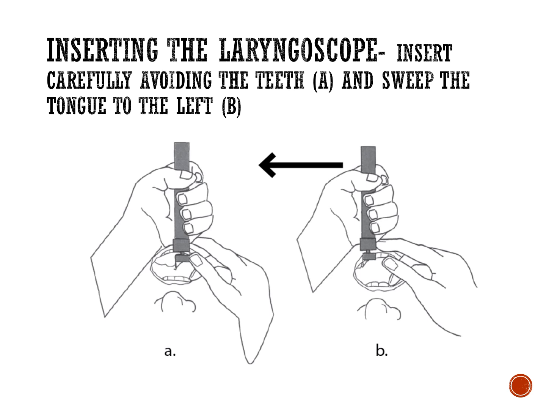It's over the tongue if you were looking at them regularly, but because you're at the head of the bed looking at them upside down, you're sliding it in and lifting and scooping the tongue to the left-hand side, doing it firmly but gently, not wedging on the teeth, not putting excessive pressure on the gums or the tongue, and being very cautious not to break teeth or injure their mucosa.